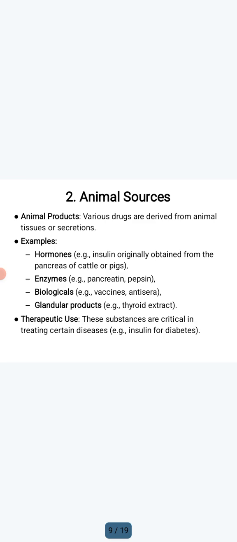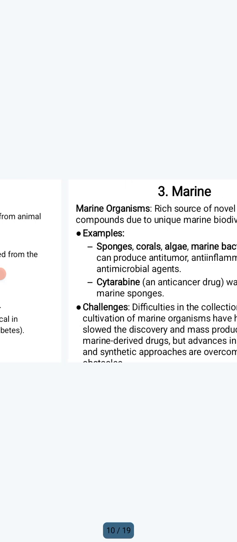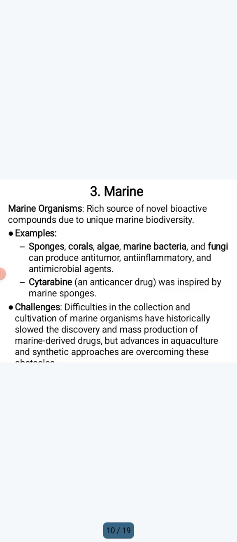And the last one, glandular products, for example thyroid extract. These animal sources are especially used for therapeutic uses, and these substances are critical in treating certain diseases, for example insulin for diabetes.